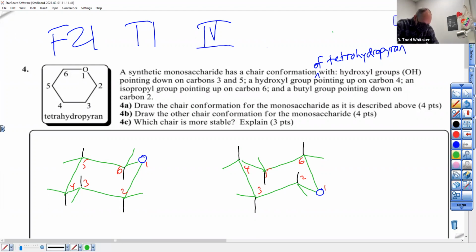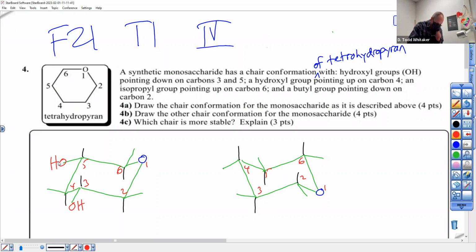We need hydroxyl groups that are, they're OH groups, pointing down on carbons 2, 3, and 5. 3, which bond is down, black or green? Green gets an OH. Carbon 5, same story.